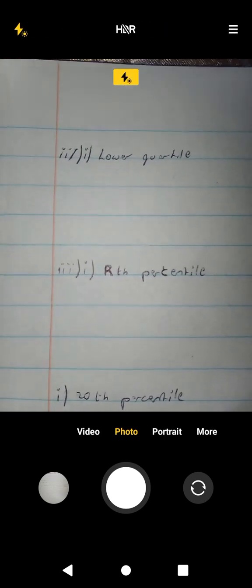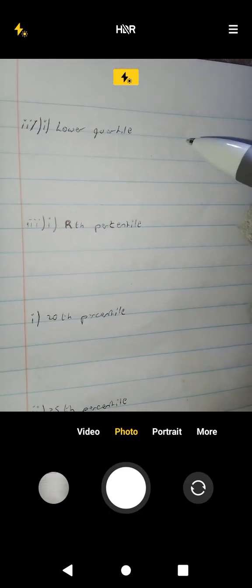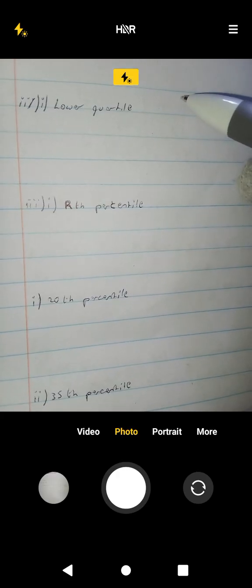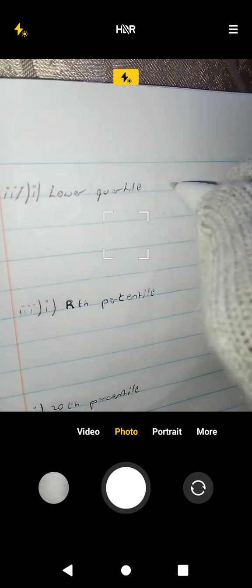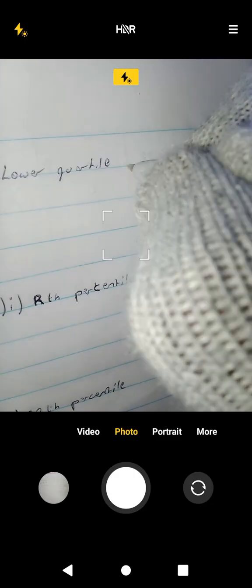So we have a lower quartile. For a lower quartile, you still multiply n plus 1, but this time you multiply it by 1 over 4. To find the lower quartile, we first find the lower quartile position.